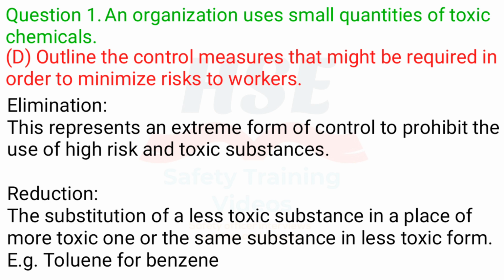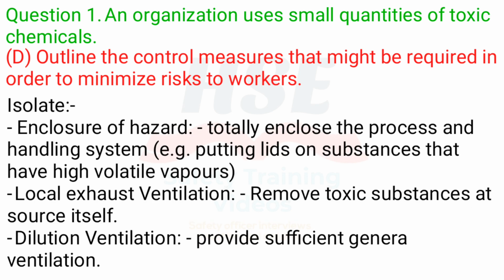For example, toluene for benzene. Isolate: enclosure of the hazard, totally enclose the process and handling system, for example putting lids on substances that have highly volatile vapors. Local exhaust ventilation. Remove toxic substances at source itself. Dilution ventilation, provide sufficient general ventilation.